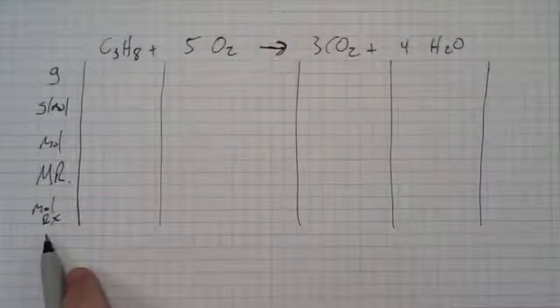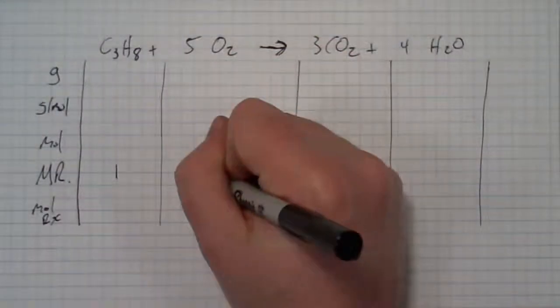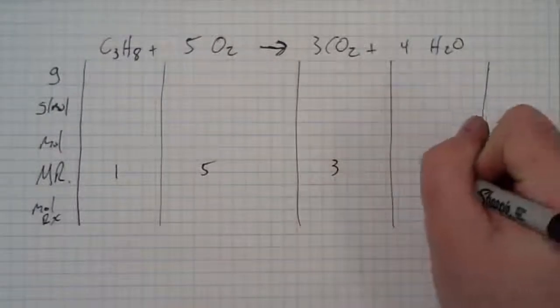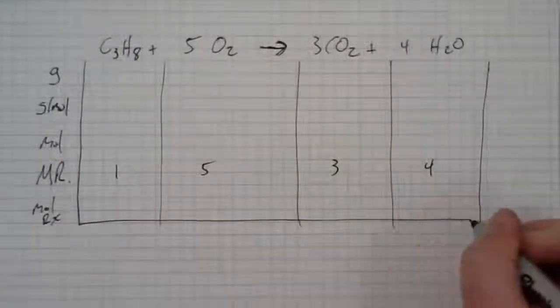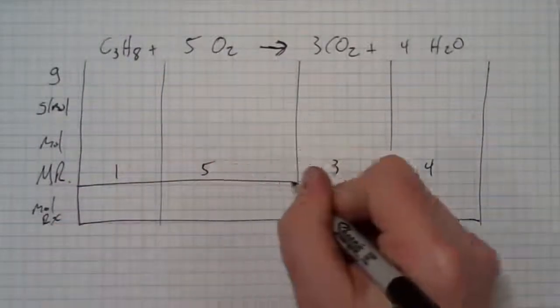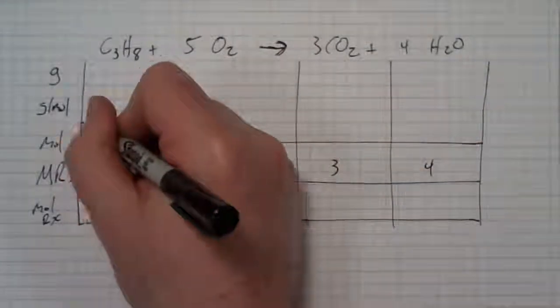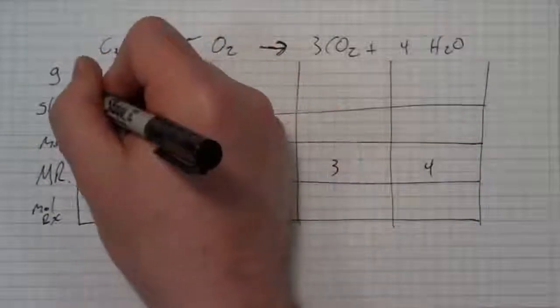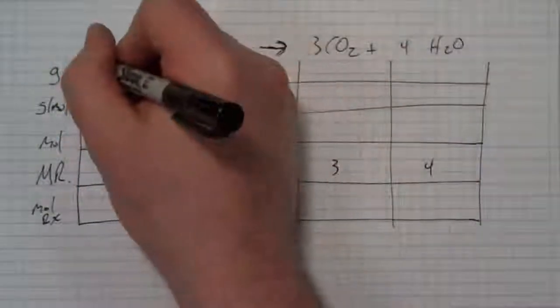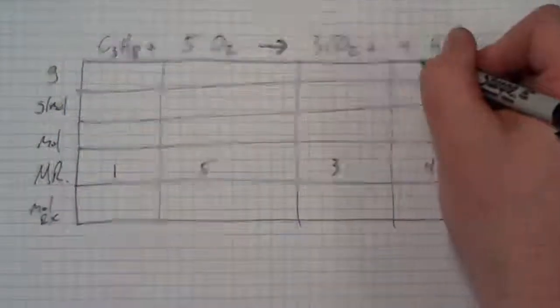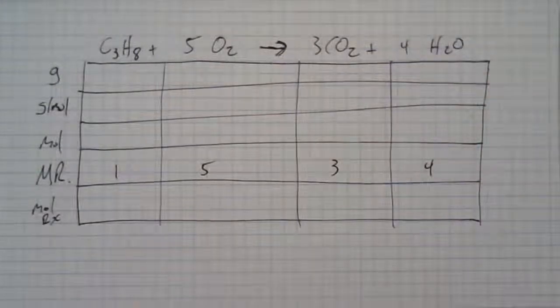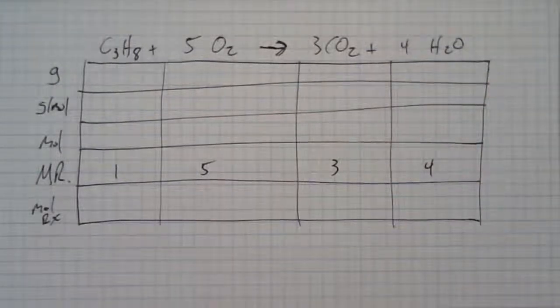So that one's worth talking about a little bit. Let me first bring down my molar ratios here: 1, 5, 3, 4. So what is the moles of reaction? Well, if you think of a chemical formula as a recipe, you know how you might have a whole bunch of people and you want to cook a lot of stuff, so you double the recipe?